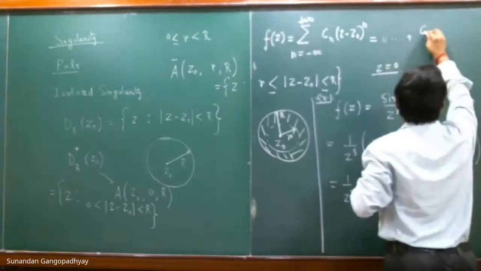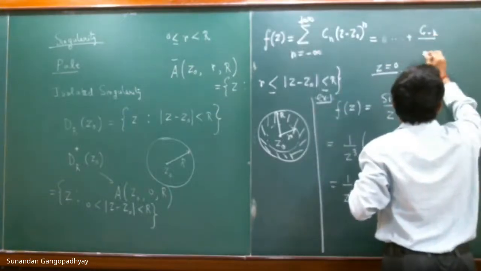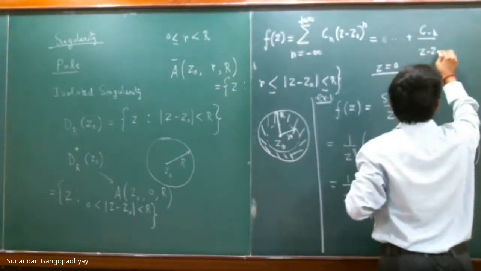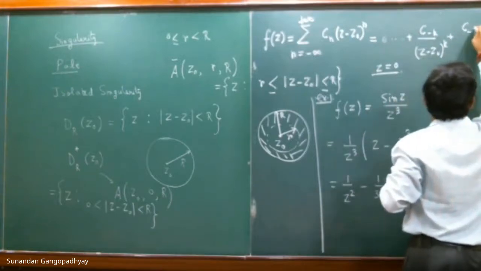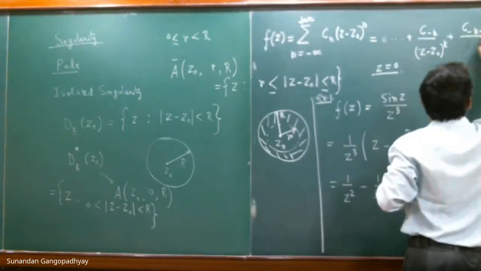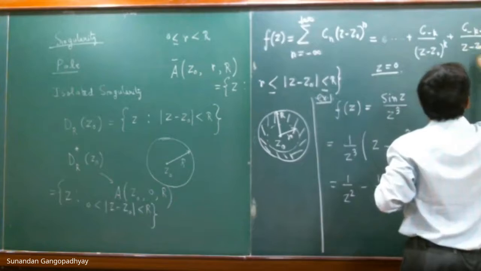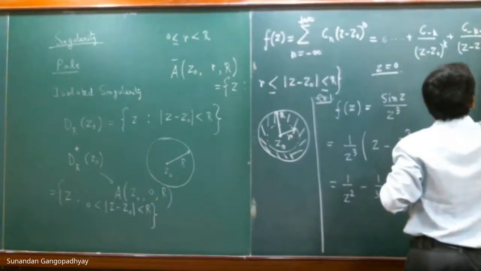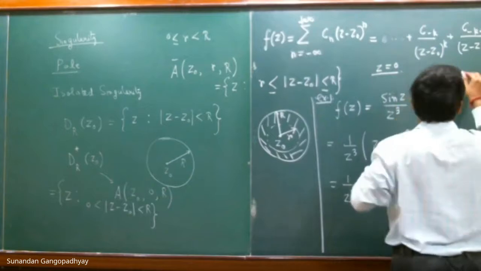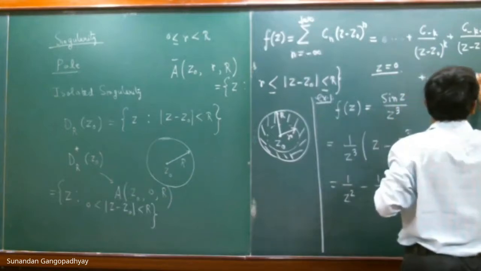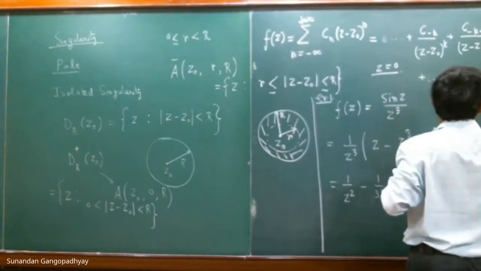Then C of minus k by z minus z0 to the power of k plus C of minus k plus 1 by z minus z0 to the power of k minus 1, and so on. And then you will have C0 plus C1 (z minus z0) and so on.